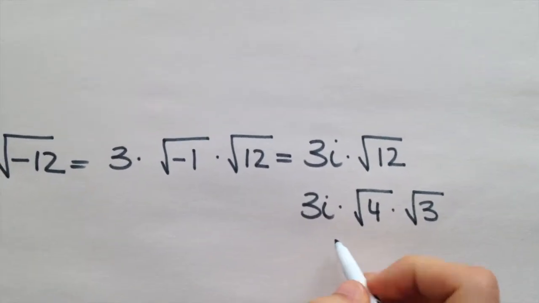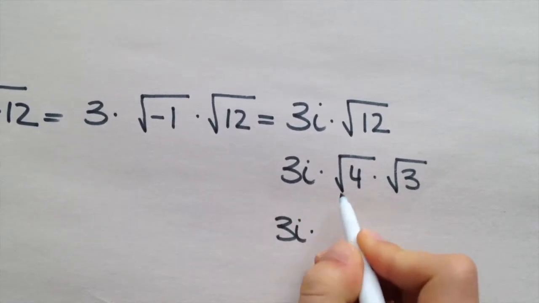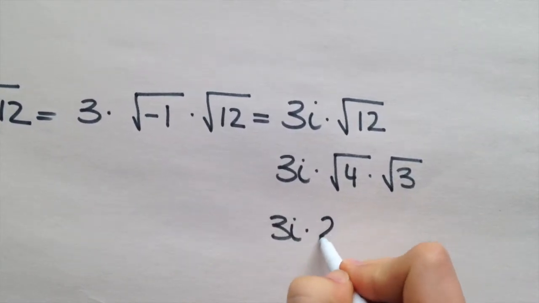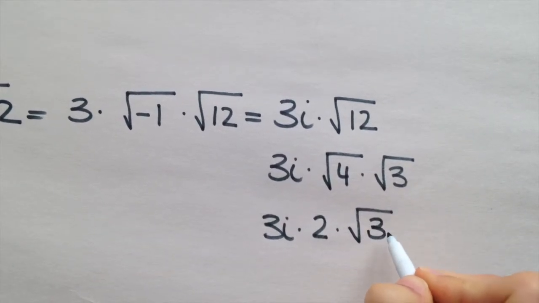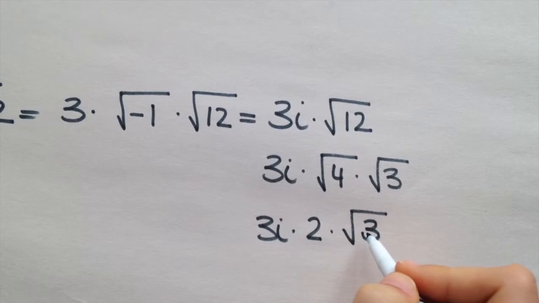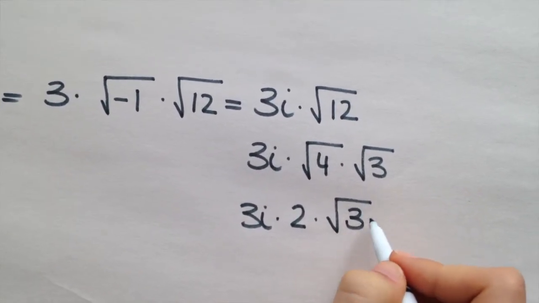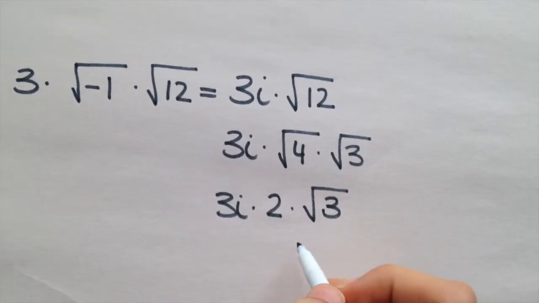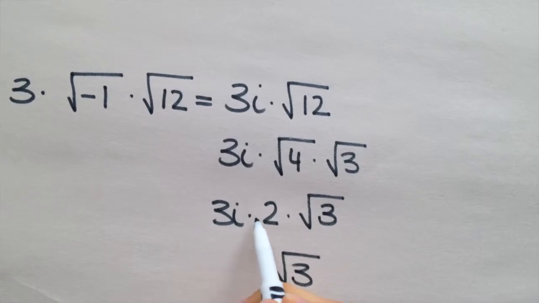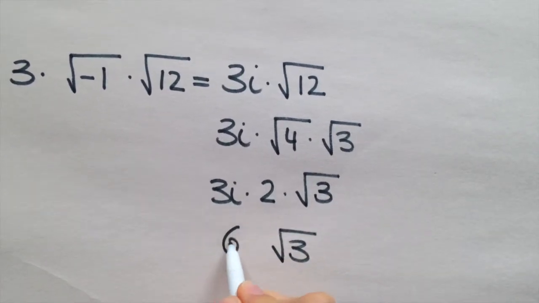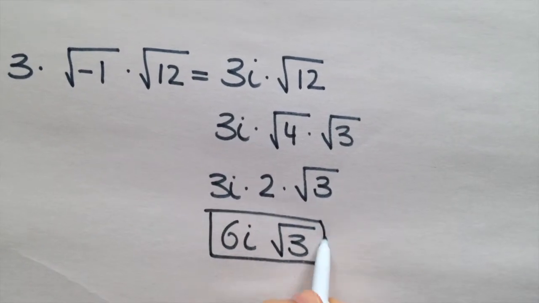All right, so then we take the root of 4, which is 2, multiply it times the root of 3. We can't take the root of 3. Well, we could, but it would come out looking quite messy, and to avoid that, we'll just keep it. And then we multiply 3i times 2, which is 6i, making this our final answer.